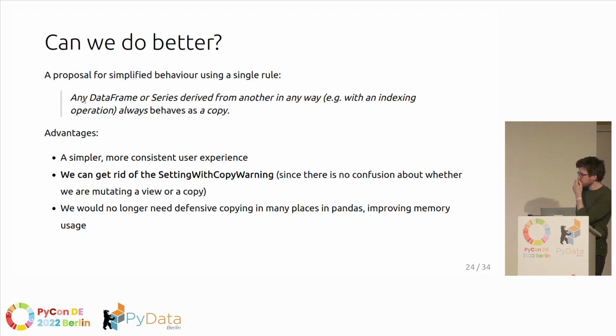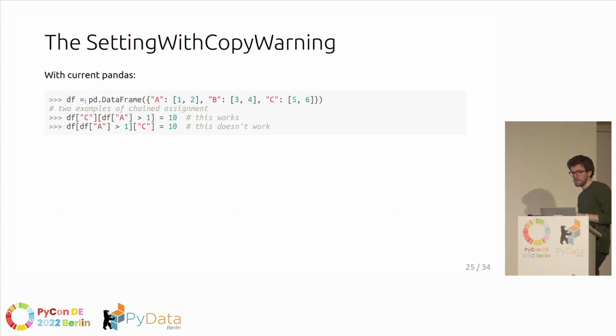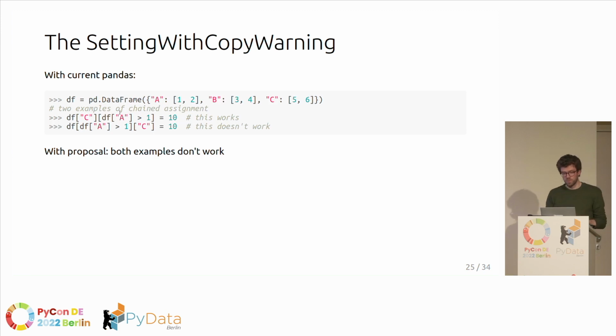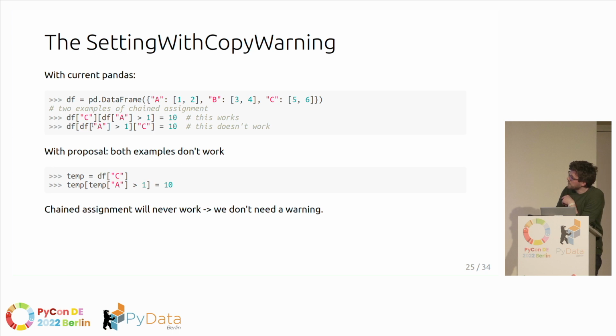And a second advantage is that we can get rid of the warning itself, because it's now clear. There is no possible confusion. If you look at the example that I used, with current pandas, the one way works, the other way doesn't work. With the proposal, both wouldn't work. Because if you look at the case that does work right now and rewrite it in two lines with a temporary variable, we are first getting a column.